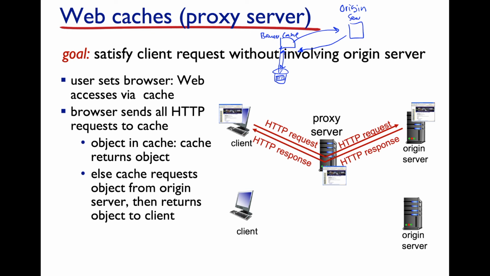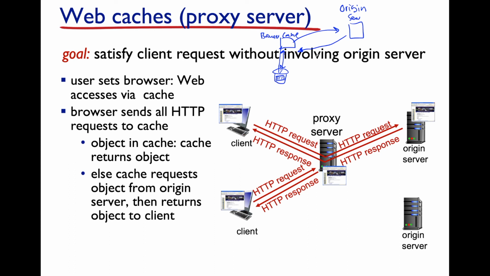So now, let's imagine that content was popular content. Another client on the same network comes along, and it wants to request the same content. And all of the requests go to the proxy server before they go out on the network. So that second client comes along, it initiates HTTP requests for the same content. This time, the proxy server has a copy of it in its local hard drive.